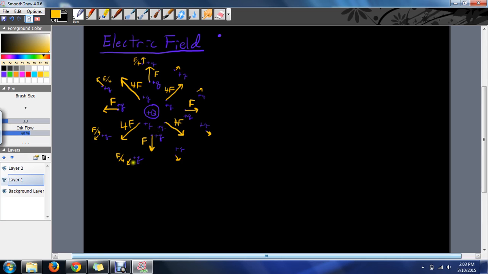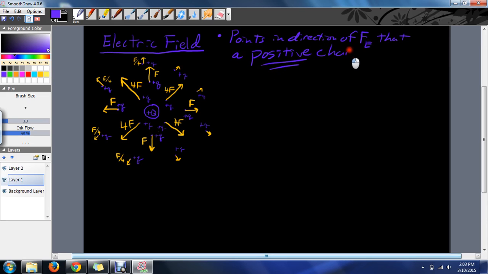This is a mapping of the electric field. The electric field points in the direction of electric force that a positive charge feels.